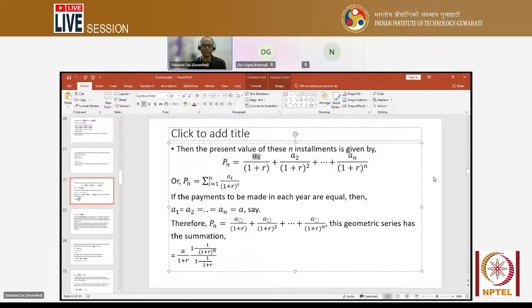So that basically proves that A1 divided by 1 plus R is the same as A1 that you are going to get in the next year. Therefore, the present value of A1, which you are going to get in the next year, is A1 divided by 1 plus R. So the relationship between the PDV and R is always negative, because R is coming in the denominator. That means if R rises, PDV falls.